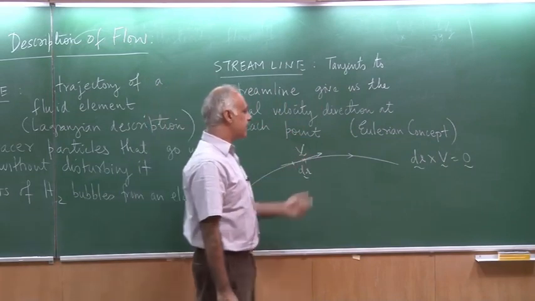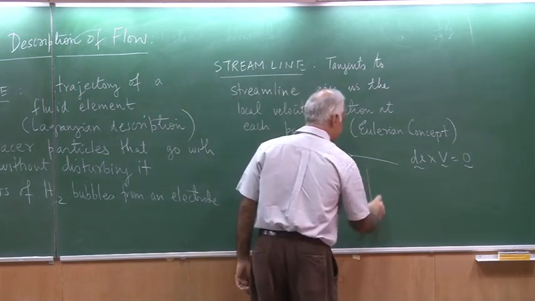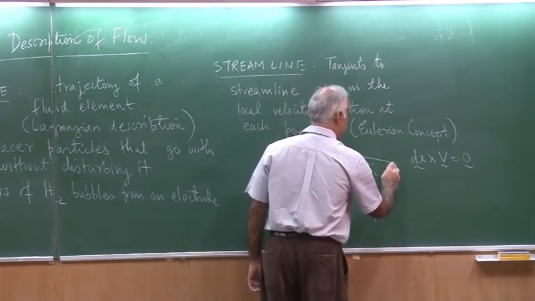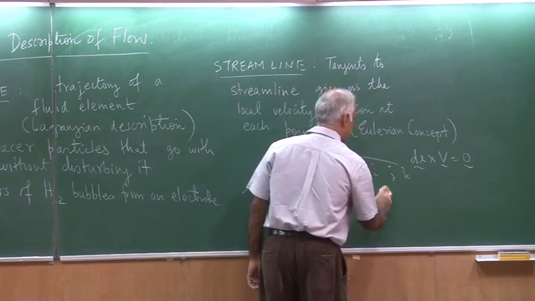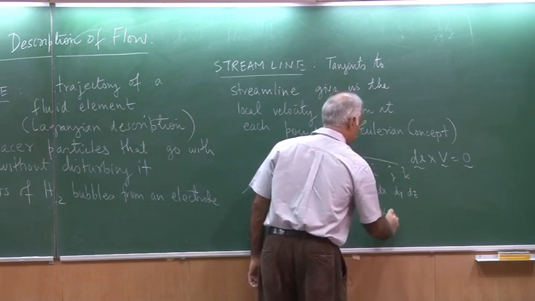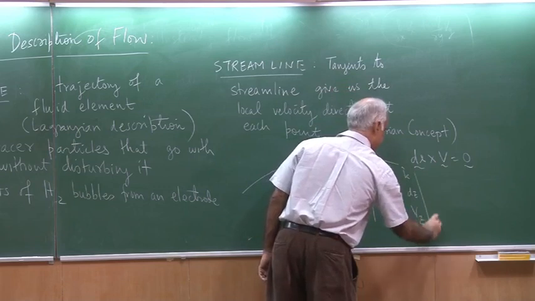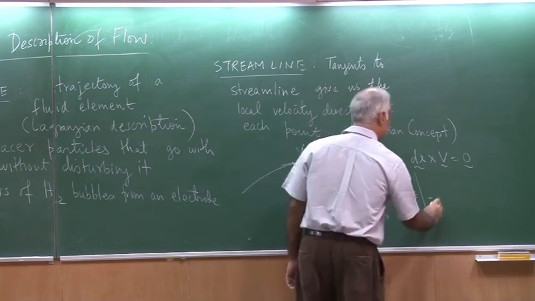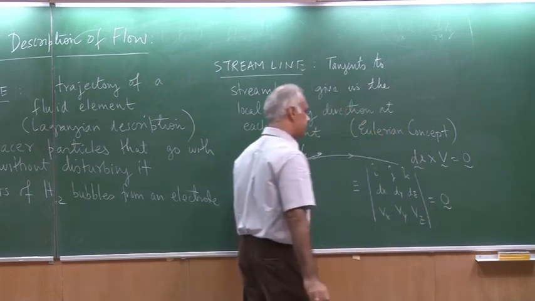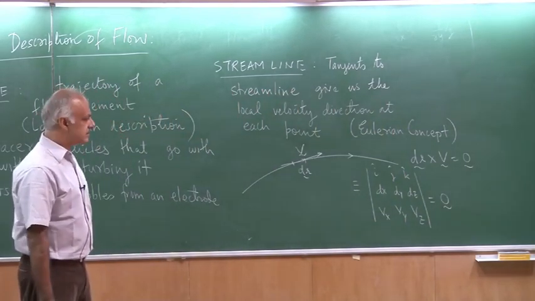Okay, so their cross product has to be 0. So I could then expand this and say this is i, j, k, this is dx, dy, dz, vx, vy, vz, and this is 0. Right? It's a vector equation.